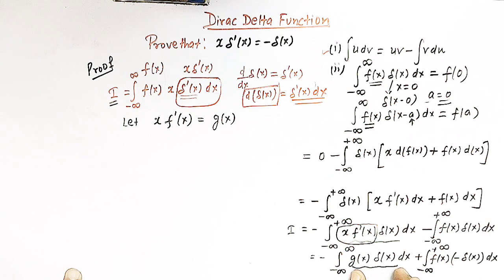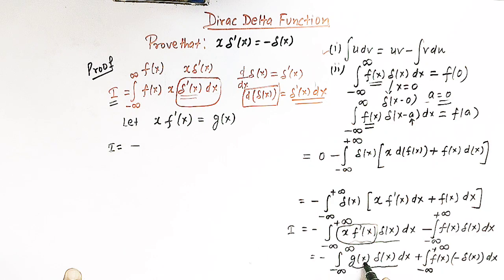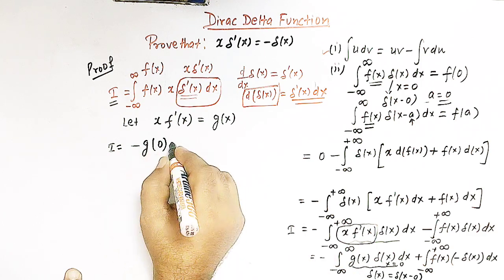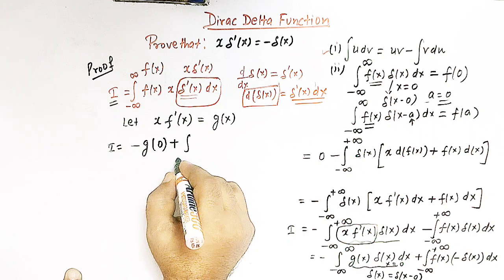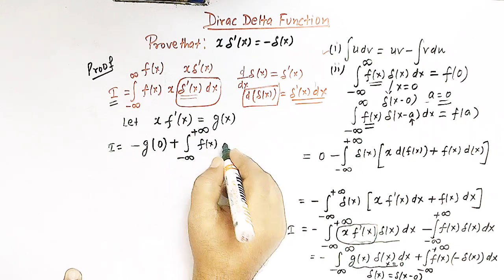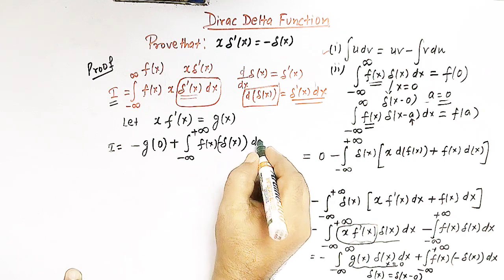So its value is equal to the value of the function g of x at x equal to 0, because delta x can be written as delta of x minus 0. So we can write g of 0, plus the integral from minus infinity to plus infinity of f of x times minus delta of x.